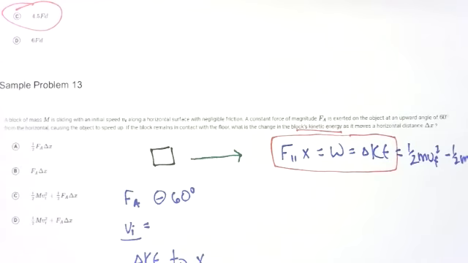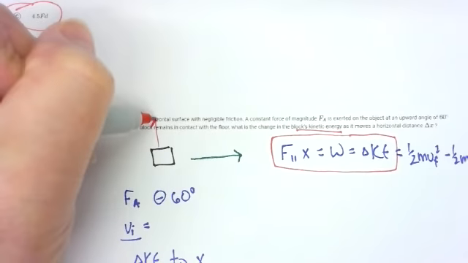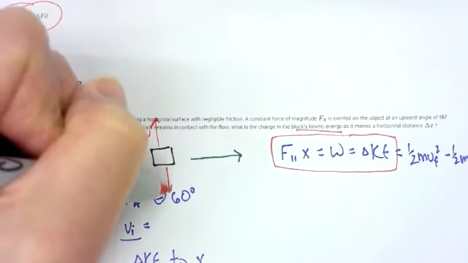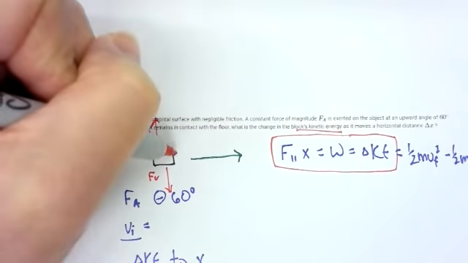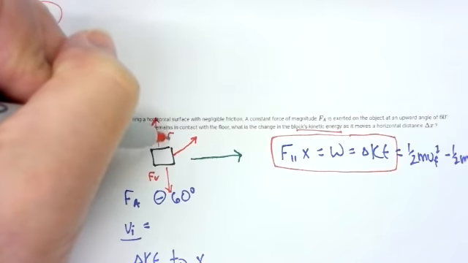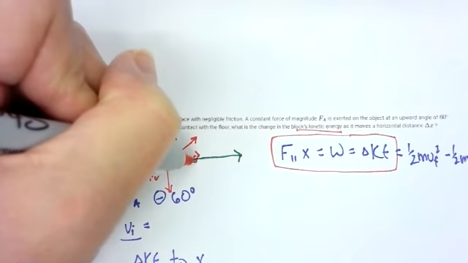Well, right away, we should be able to toss this out for this reason. Is the entire applied force at work here? So if I was doing a free body diagram, I've got my normal force, I've got my weight vector, and then I've got this applied force. That's not horizontal, at 60 degrees.